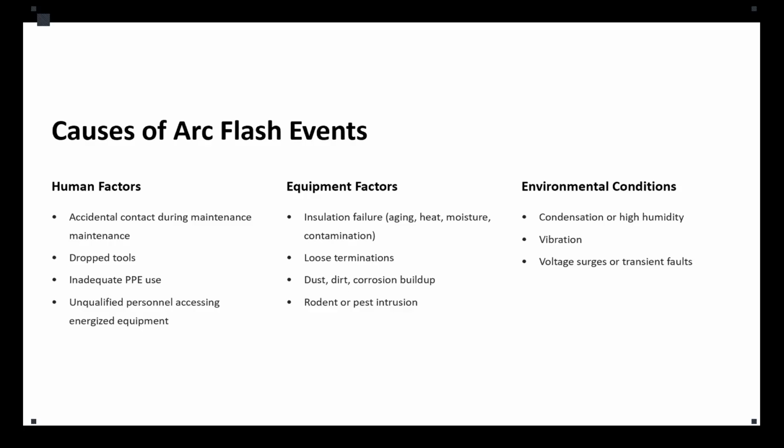This is especially dangerous in coastal or unconditioned environments. We could also have vibration. A high level of vibration, like in motors or compressors, can cause connectors to loosen over time, and we talked about the effect of that earlier.